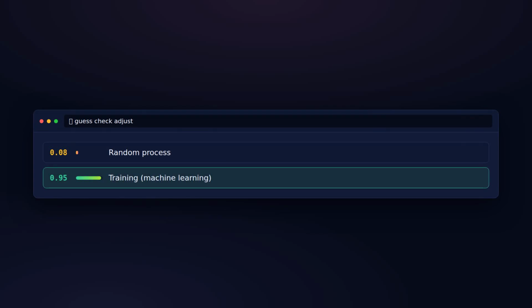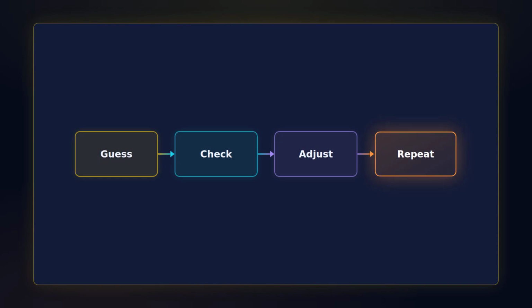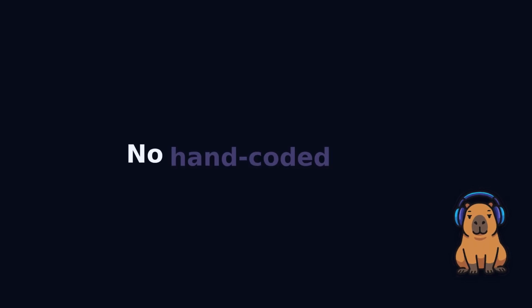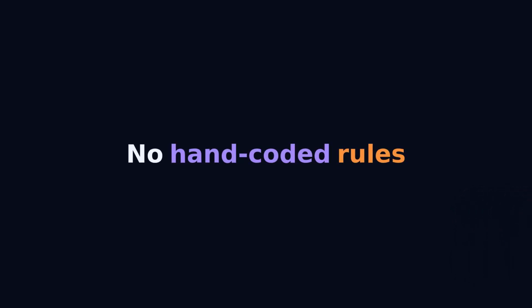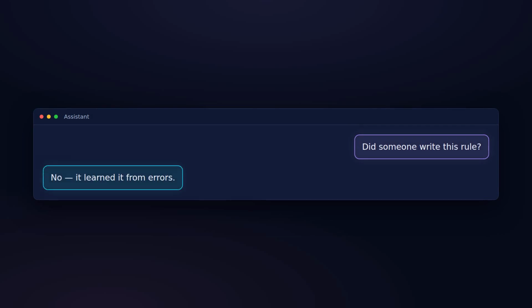This loop you just ran by hand actually has a name: training. Guess, check the answer, adjust, repeat. That's the entire idea. You don't hand code if round and red call it apple anymore. The machine finds that rule itself purely from getting it wrong repeatedly.